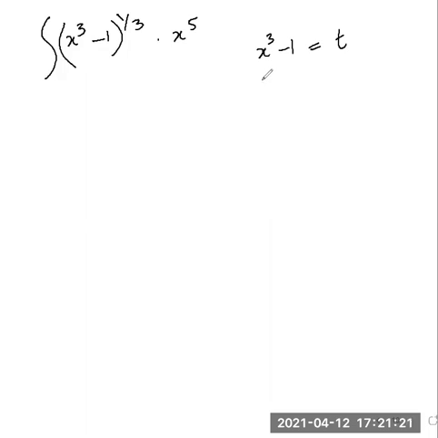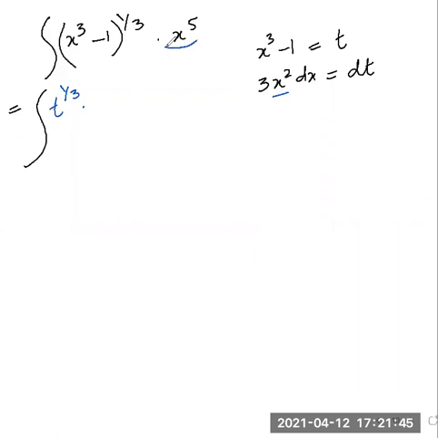Next step, 3x square dx is equal to dt. Beautiful. So now this will be reduced to t raised to power 1 by 3, t cube root, correct, into x square.